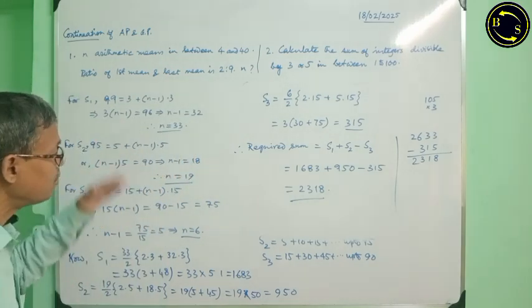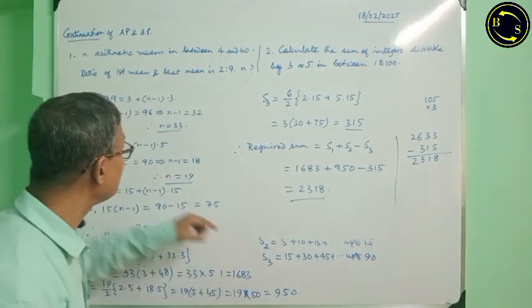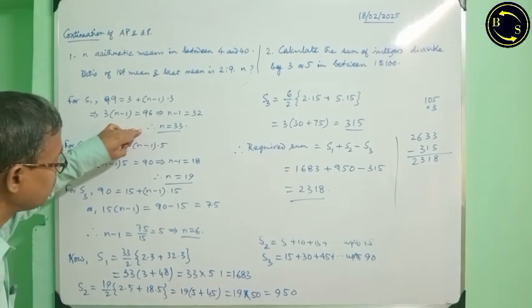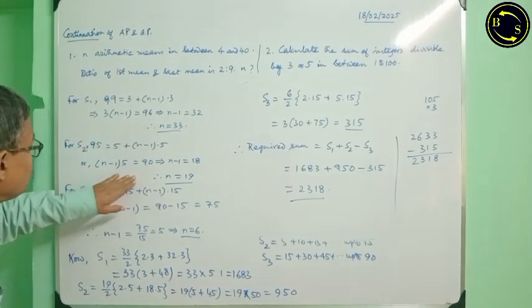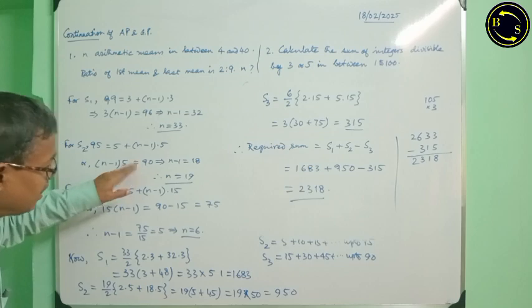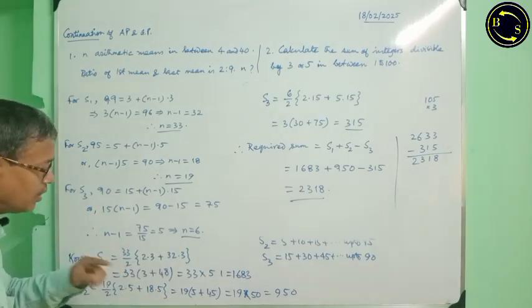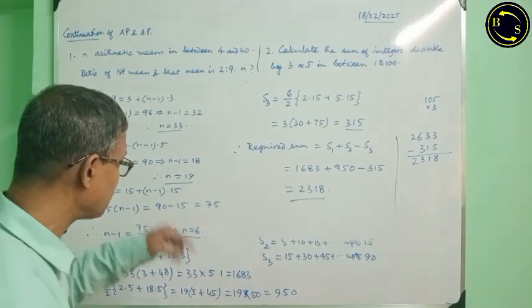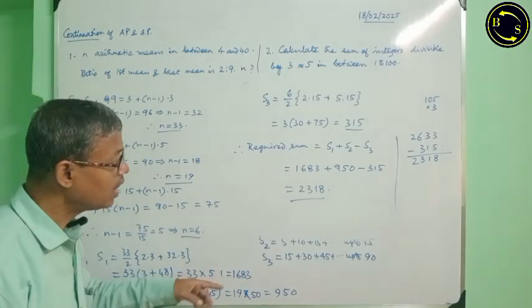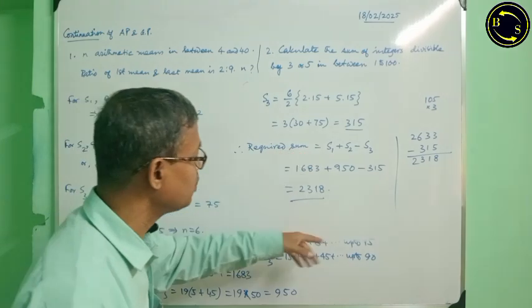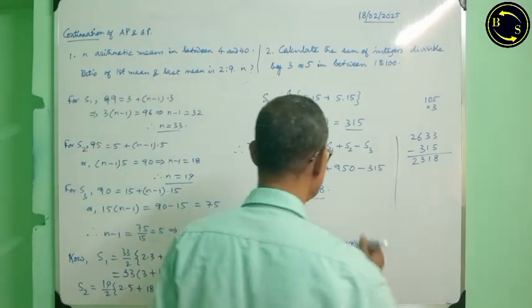Therefore, required sum, after that we have calculated the number of 3's in between 1 and 100, number of 5's in between 1 and 100, and number of 15's in between 1 and 100. Then we have got the sums S1, S2 and S3. Then the required sum is this. This is the answer.